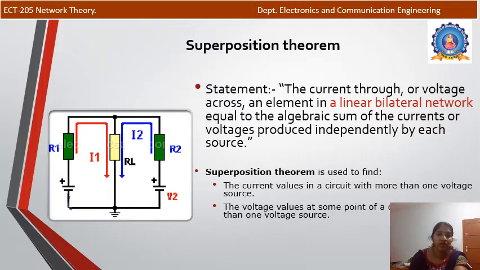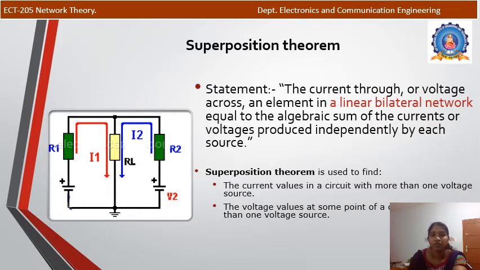When we are taking the total current, we take the algebraic sum, or we consider the direction also. If one is moving upward and one is moving downward, we will take the difference, or if both are in the same direction, we will take the sum. Okay, so that is the actual meaning of superposition.